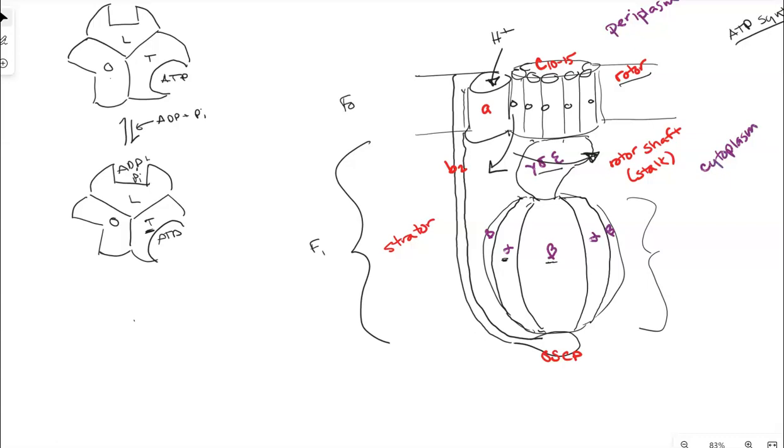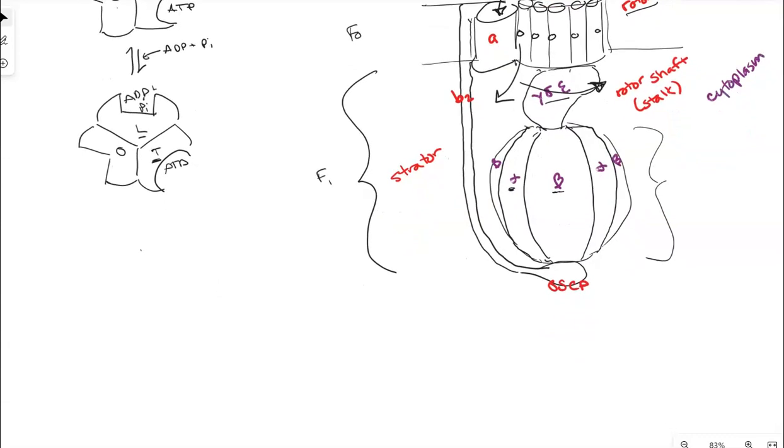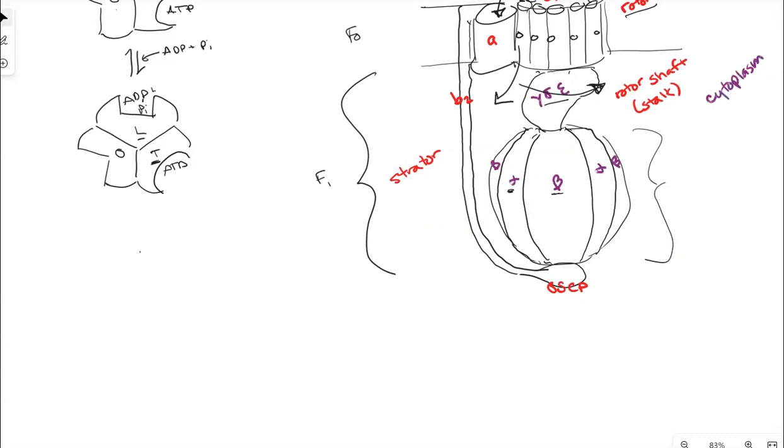The L site will become tight, binding strongly. The open site will become loose, and what will happen is the following. And of course it takes energy to commit a conformational change.